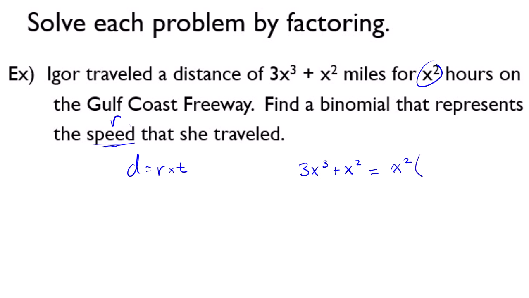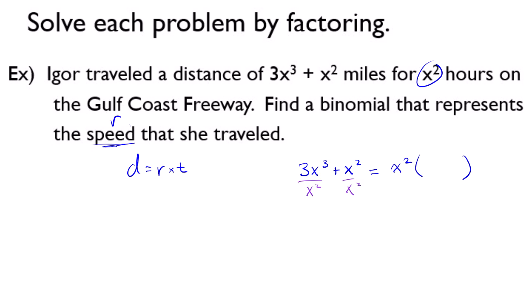So I want to figure out what multiplied by time equals the distance. So if this is the time, then I can factor that out and see what's inside here, and that'll be the rate. So if I factor out an x squared, basically that means I'm just dividing by each of these terms, which is what we just talked about doing.